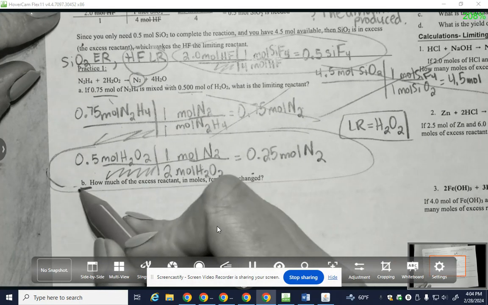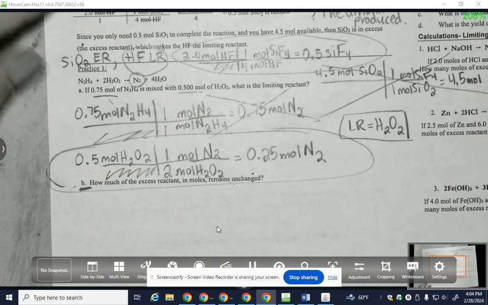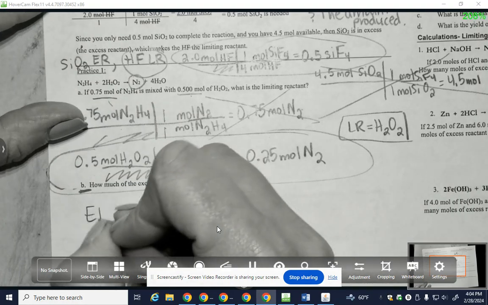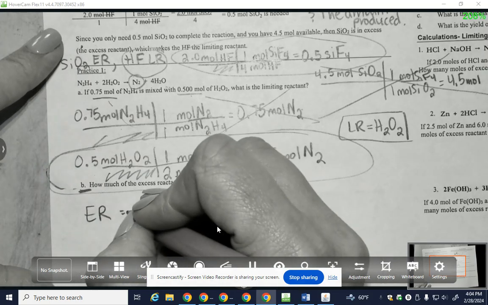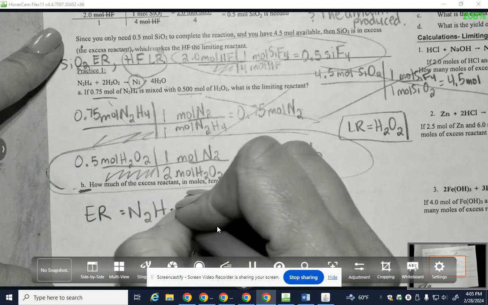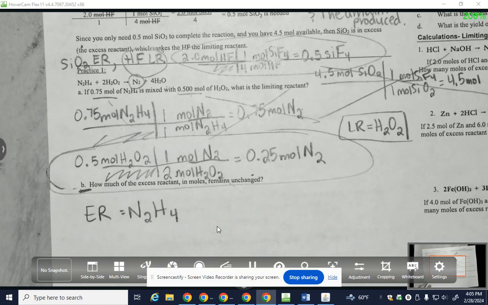Part B is saying how much of the excess reactant is left over. So my excess reactant was the other one, N2H4. We have to figure out how much of that was actually used up. So you have two options.